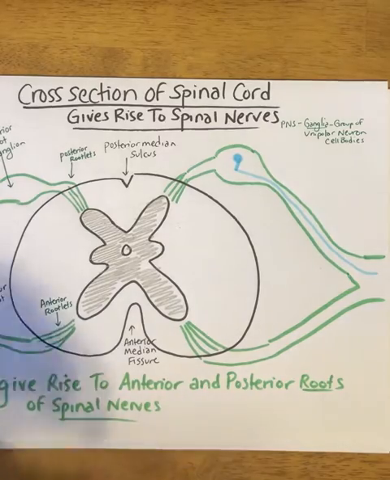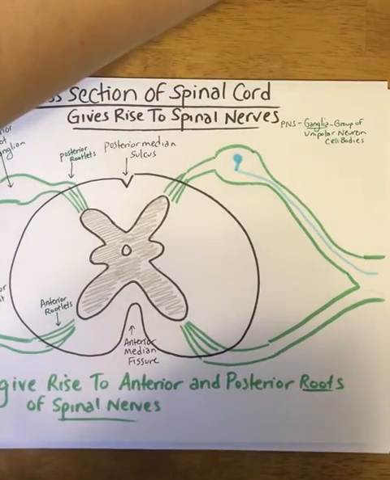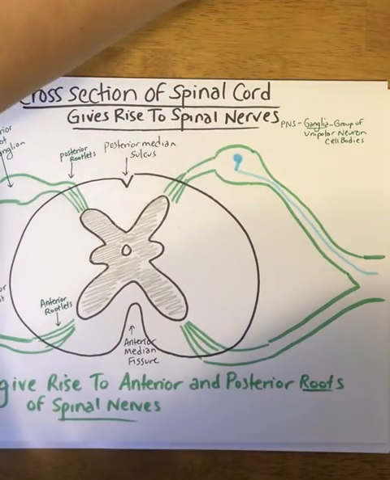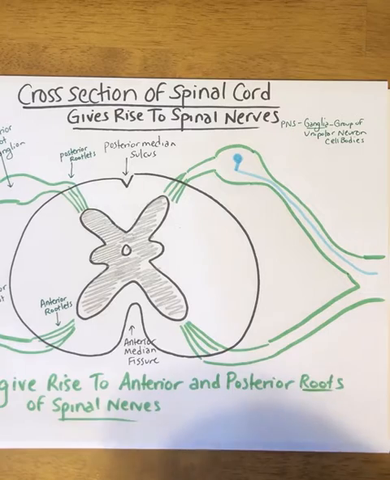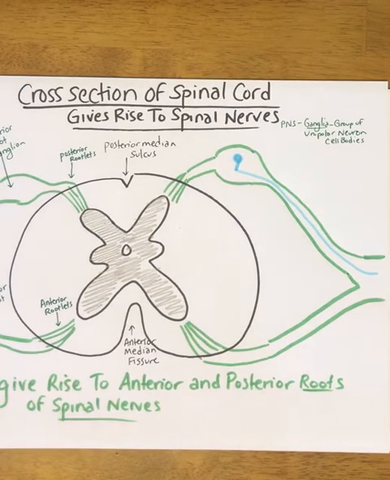We've learned this over and over. Now we're just putting the actual anatomy to it. The safety pin cycle. Sensory neurons are going to travel to the brain and spinal cord through sensory neurons. To the brain and spinal cord.